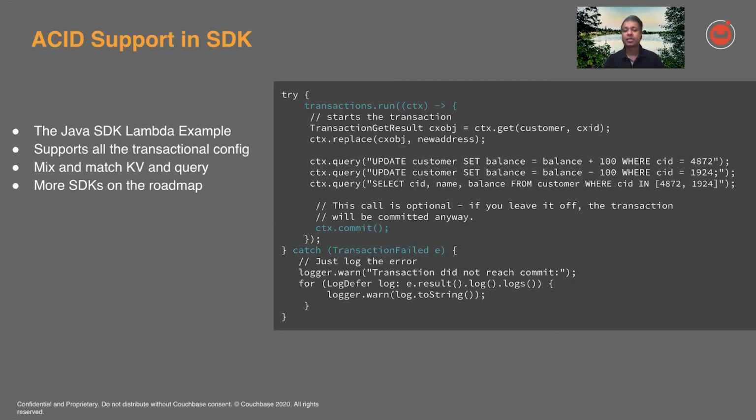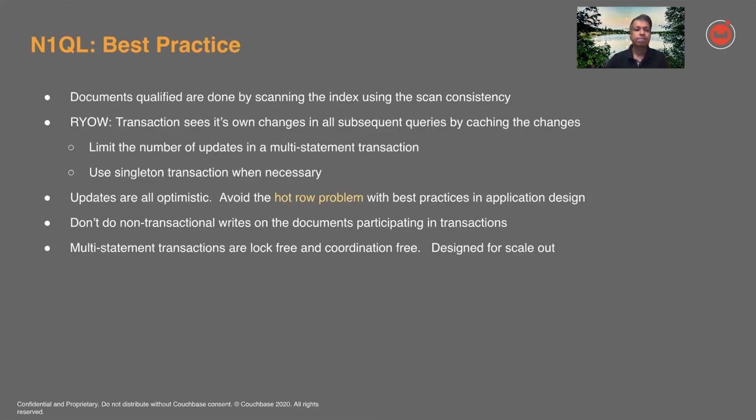The method query takes the statement as a parameter and you can issue any of the statements. Here I've used the same statements that I've used before. Simply issue the statement and you can execute the query there. You can mix and match KV and query. This is an example of Java SDK support for N1QL transactions; the rest of the SDKs are on our roadmap.